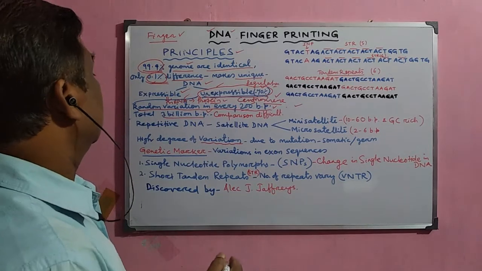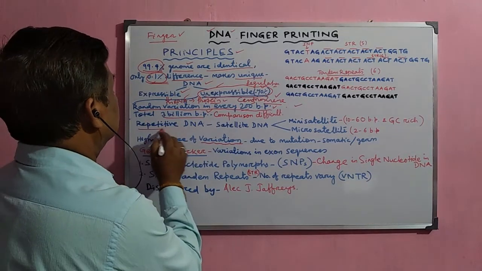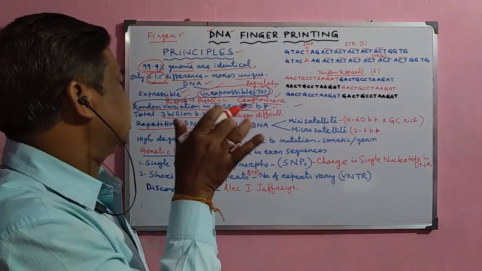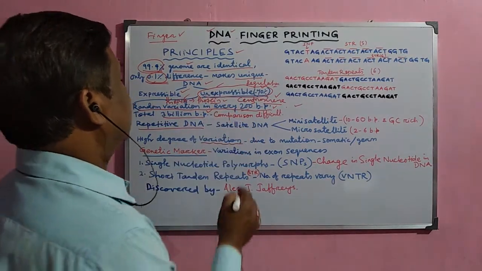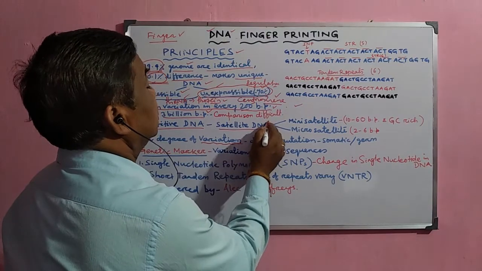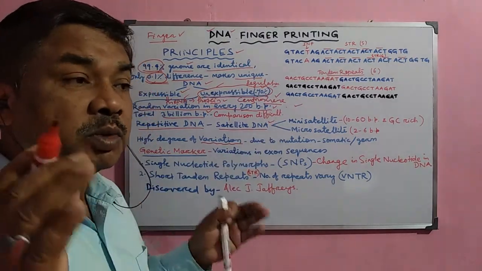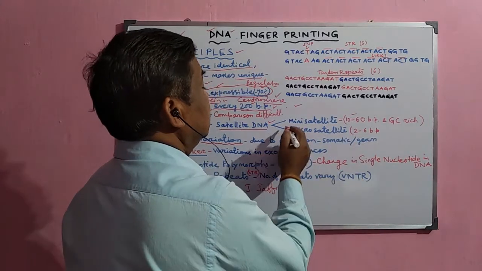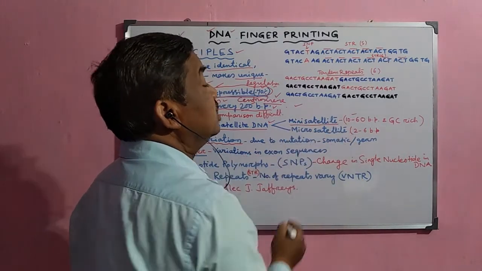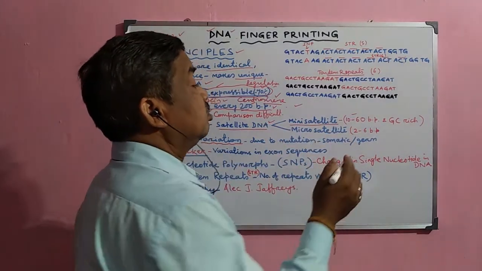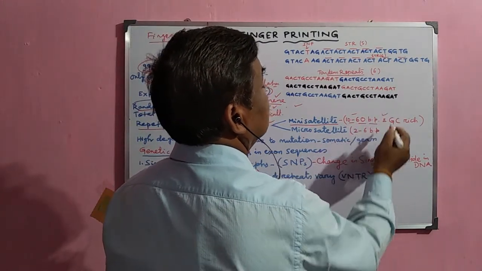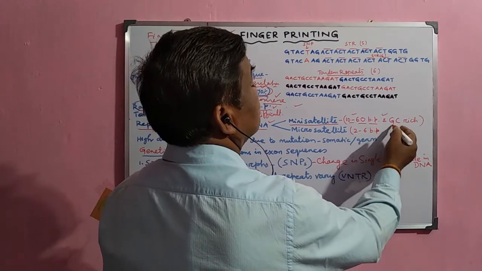That is the repetitive DNA. In part of the DNA, some segments are repeated, and these parts are called satellite DNA. The satellite DNA, on the basis of the length of the base pairs, is called either minisatellite when the repeat is 10 to 60 base pairs long, and it is normally G series.